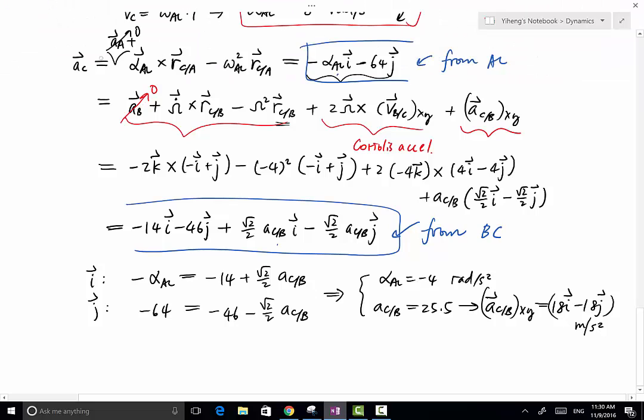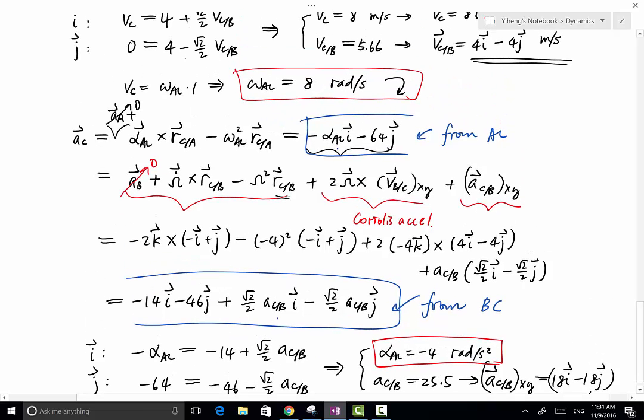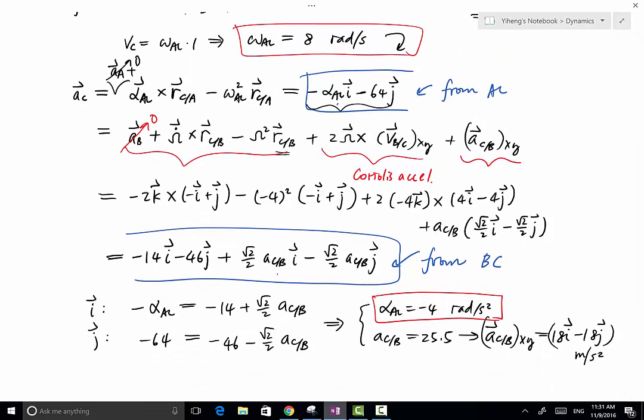Therefore, this is what we were asked to solve, alpha_AC and omega_AC. So alpha_AC is also, in this case, clockwise. Remember, for the omega_AC, we determined the direction manually.